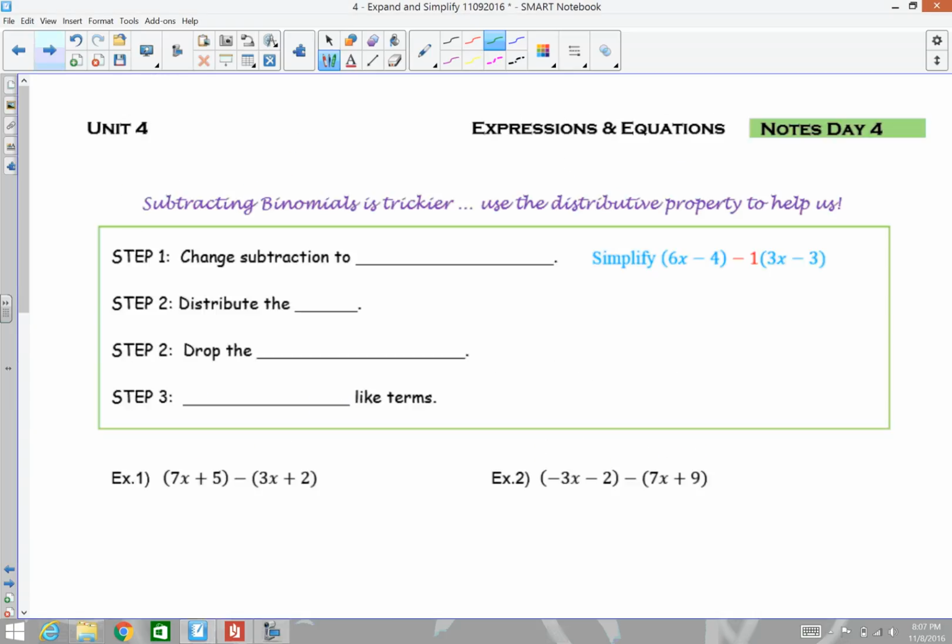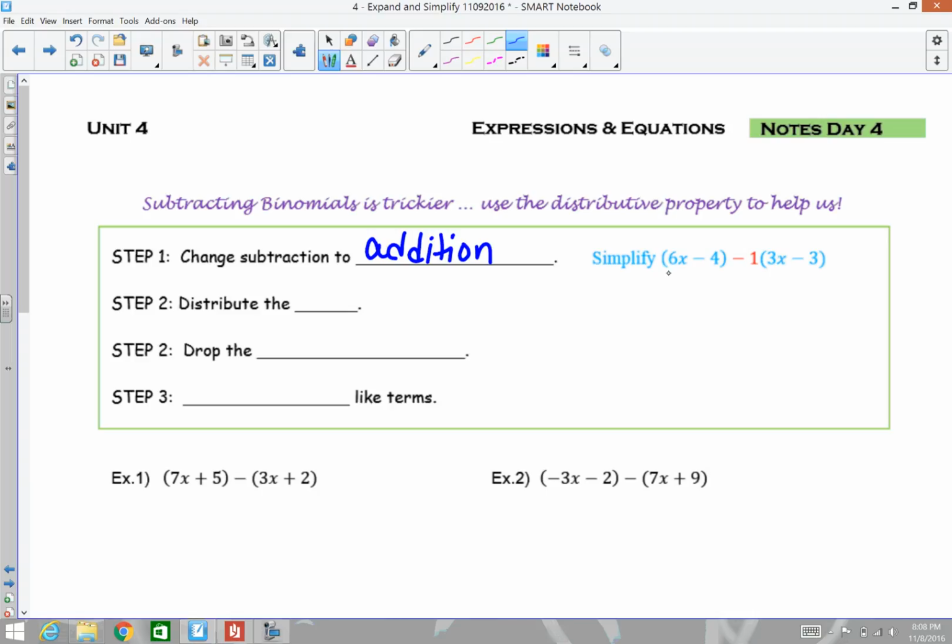Now we will tackle subtracting binomials, and it is a bit trickier. For these, we will change subtraction to addition. Okay, now you know from keep, change that subtracting is the same thing as adding a negative.